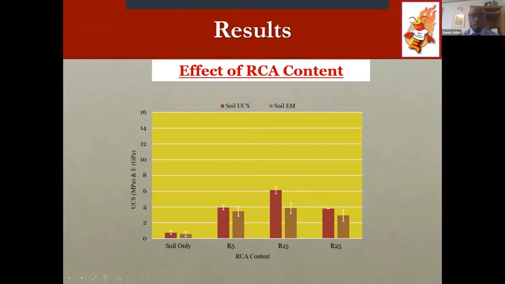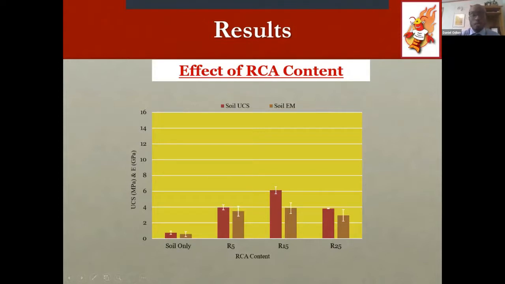We also checked for the effect of RCA content, and from what we can see, there was an increase in the strength up to 15% RCA, as we can see from the figure. However, when the RCA was increased to 25%, we found that there was a decrease in strength.